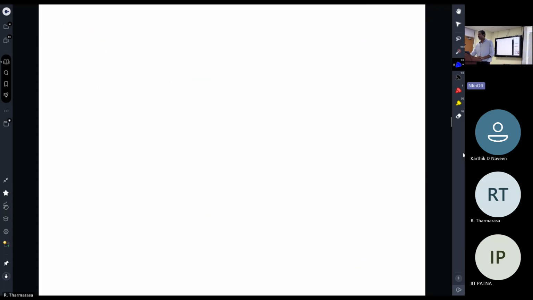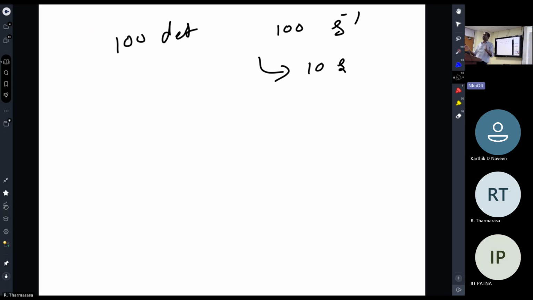Because of this, if you have 100 detections, you have to calculate 100 S inverses. Let's say filter gating takes 10 seconds to do this association. It will take forever, especially if you use IMM, then it becomes even more.